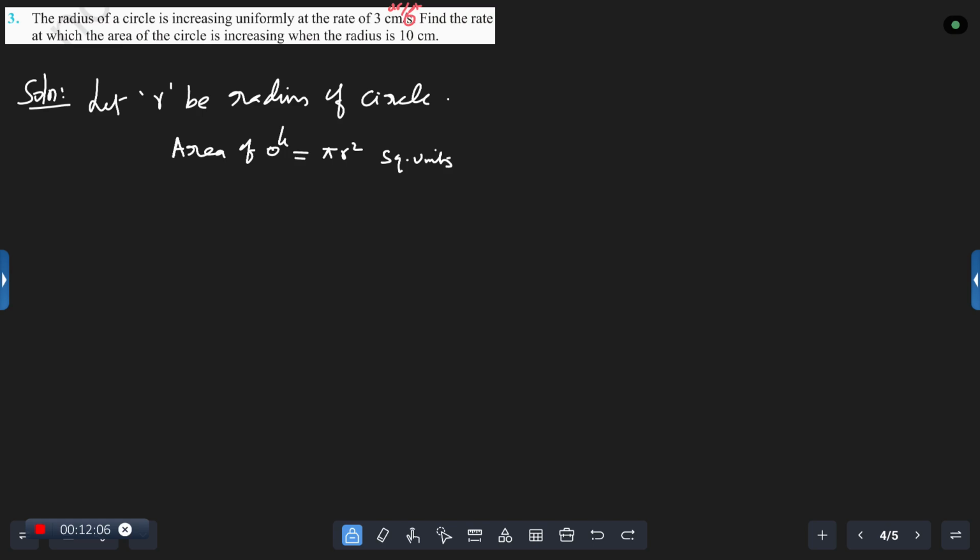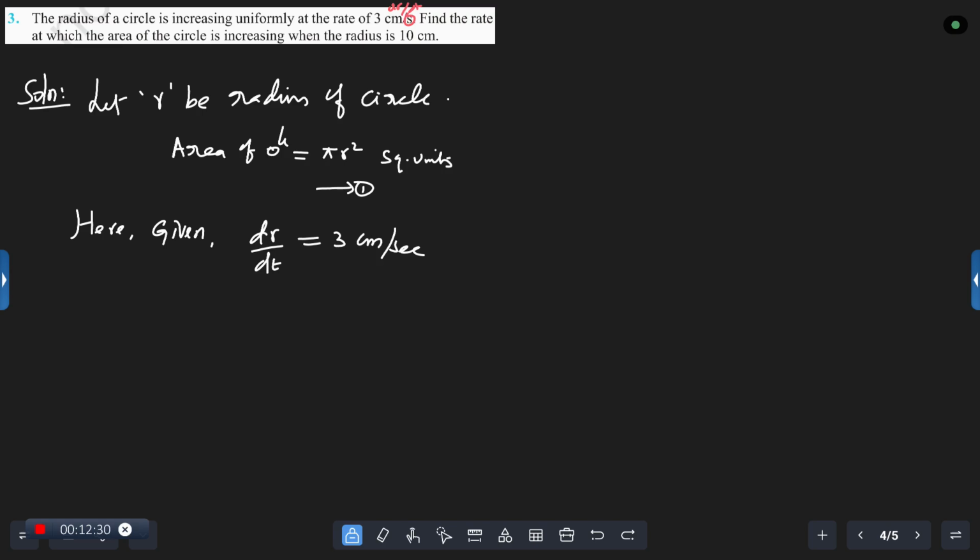Now A equals pi r square, equation number 1. Here what is given? Rate of change in radius, dr by dt equal to 3 centimeter per second.